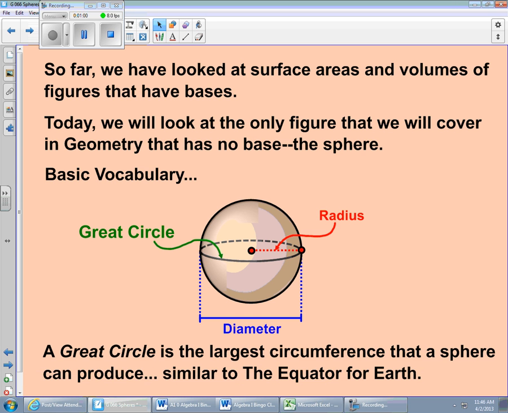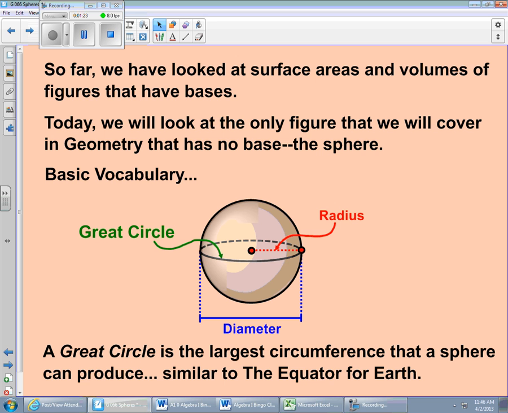Basically, to put it in as plain English as possible, the great circle is the largest circumference that a sphere is capable of producing. Of course the great circle will change sizes as you get larger spheres or smaller spheres.